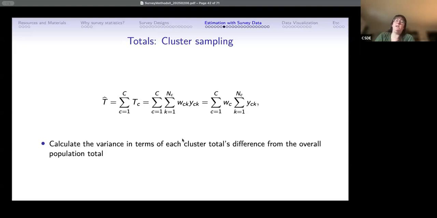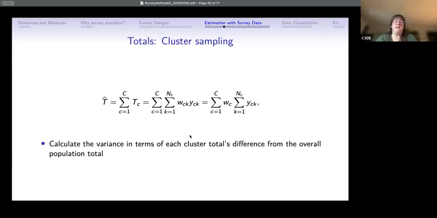In cluster sampling, we do the same thing. If we want to estimate the total for the population, we're going to know that that is the sum of all the totals in every cluster in the population. And then we could estimate that by adding up in our sample the clusters that we have and the individuals within the cluster of their weight times their response.